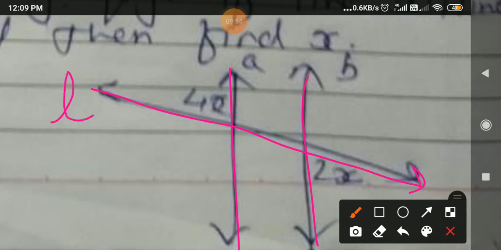If you think about it, 4x means this angle, and these two angles, 4x and 2x, are alternate angles. Not only alternate angles, they are exterior alternate angles.